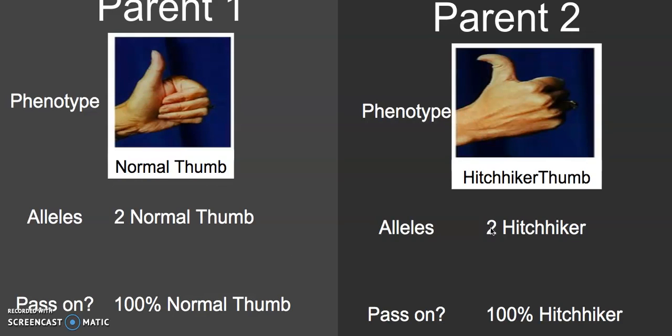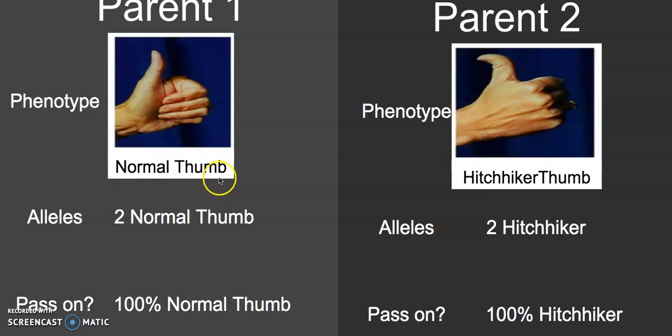So let's dive into an example. Parent 1 in this example has normal thumbs, whereas parent 2 has a hitchhiker's thumb. Parent 1's normal thumb is the result of two normal thumb alleles.